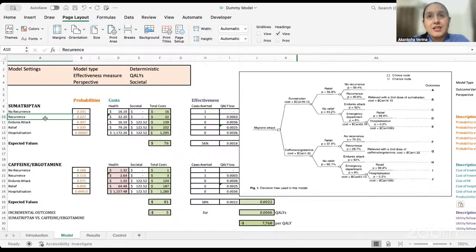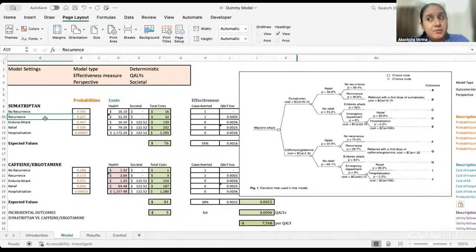Maybe there is literature available which directly states the cost for management of migraine attack recurrence. Either you can leverage that, otherwise you have to ask the key opinion leaders, the doctors, what they practice, because the practice could be different for different geographies.